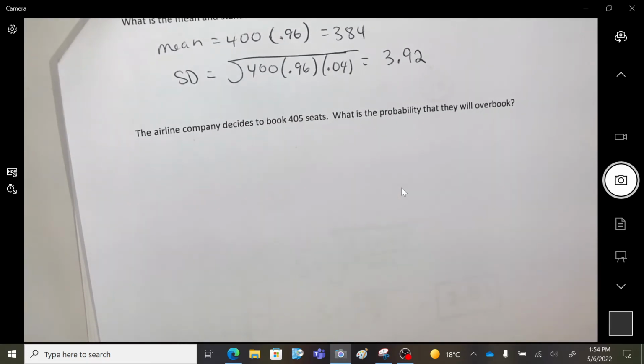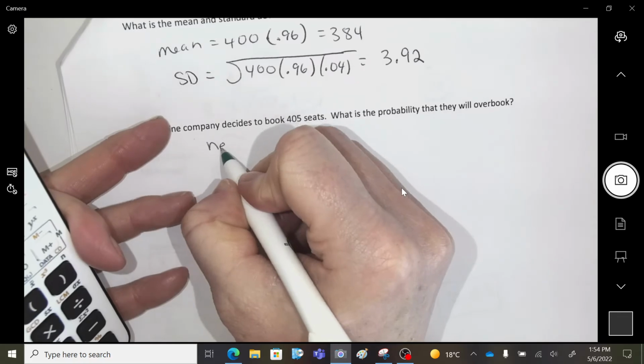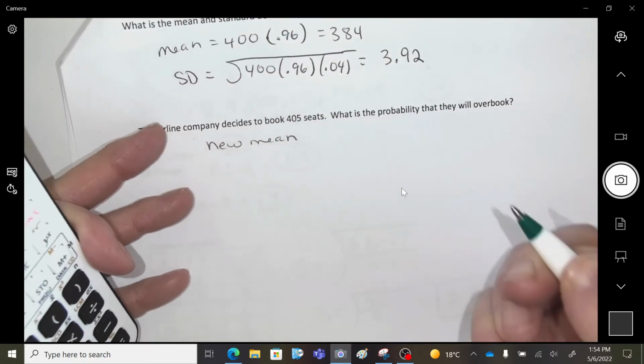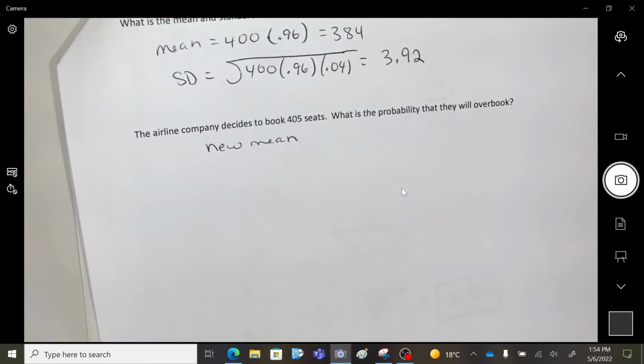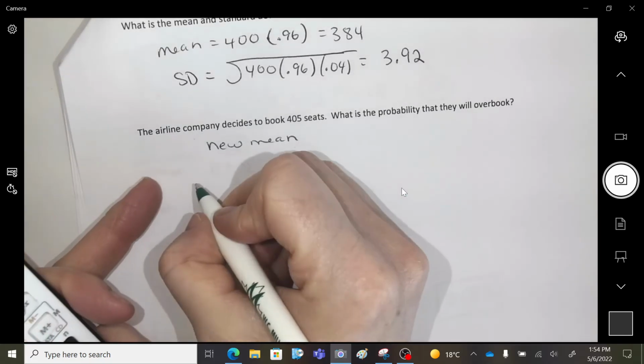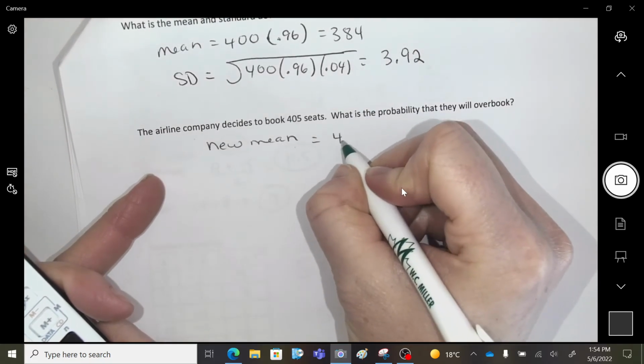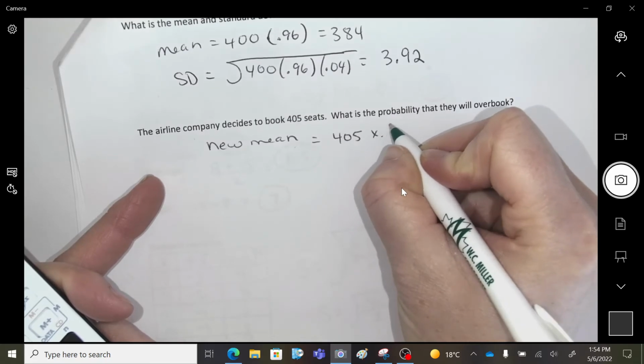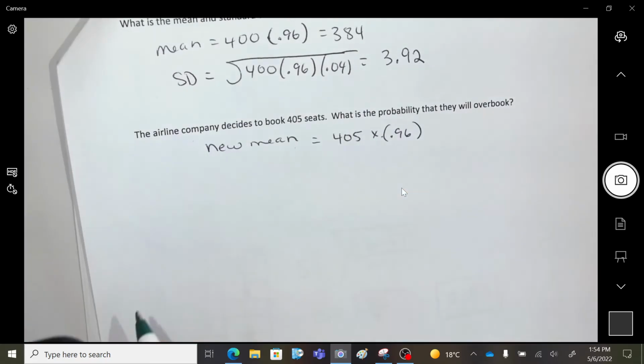Okay, now the airplane changed what they were going to do. So they decide, hey, let's sell 405 tickets. Okay, so we need the new mean. If now you're going to sell 405 tickets, I'm going to do 405. How many people am I expecting now?